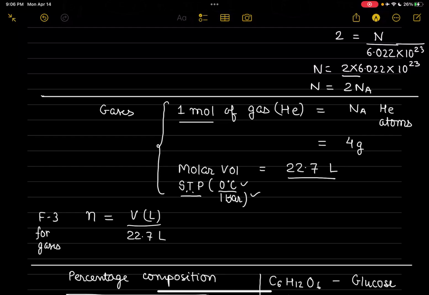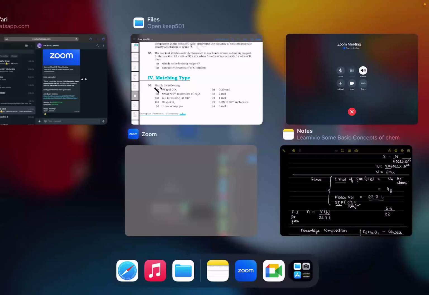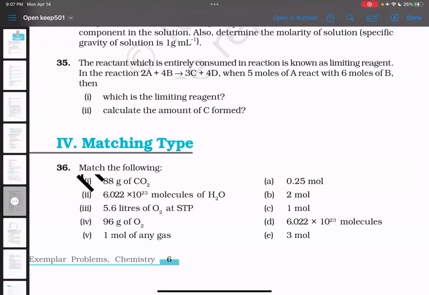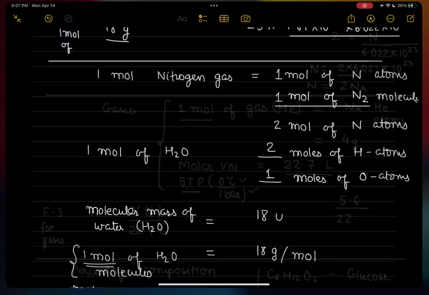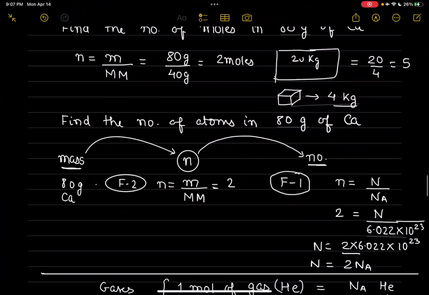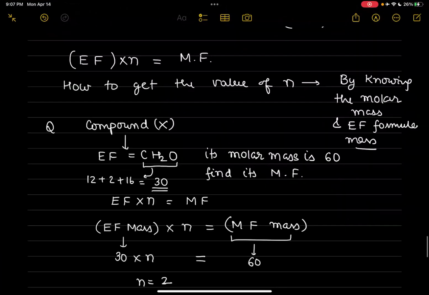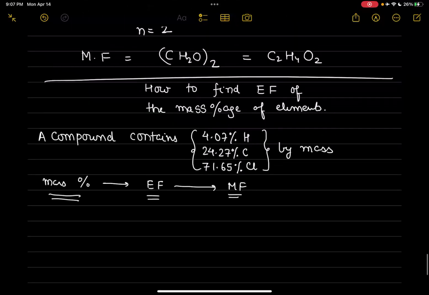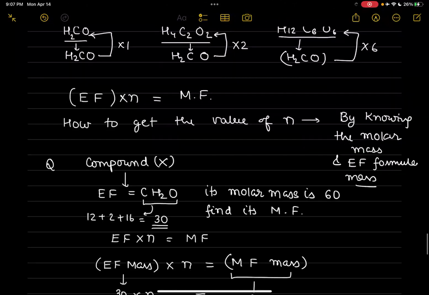I did try to divide 5.6 by 22.7, but I didn't get that 0.25 mole. So what condition is given? I think you are not getting 0.25 mole. Actually, what may be the reason is earlier they used to take 22.4 liters as the molar volume.